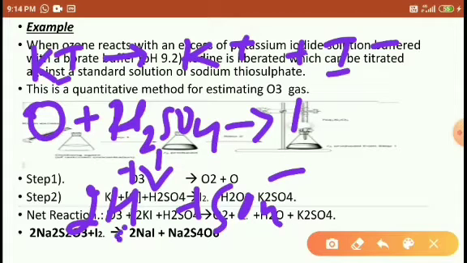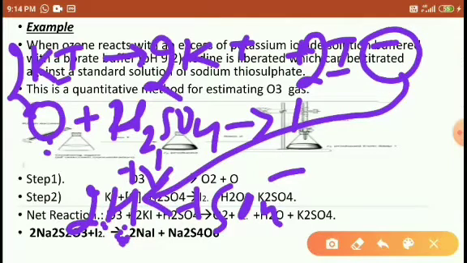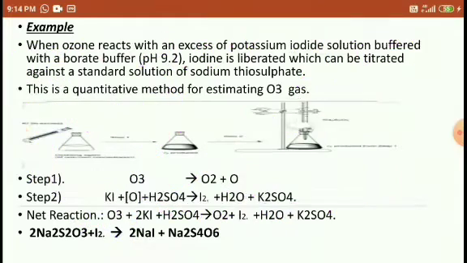So the H ion cannot react with the oxygen atom here. If there are 2 potassium and 2 iodide, the iodides release 2 electrons to the hydrogen, and this hydrogen reacts with oxygen to form H2O, and the sulfate reacts with potassium to form potassium sulfate.